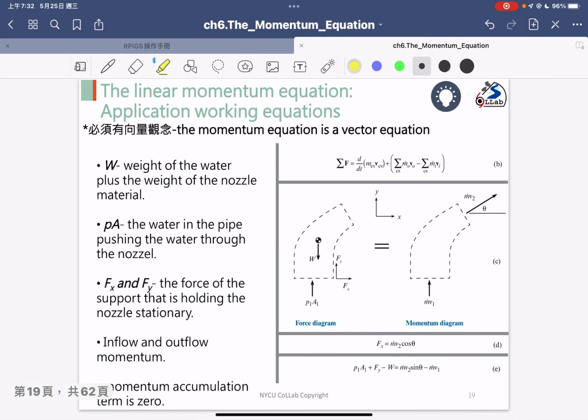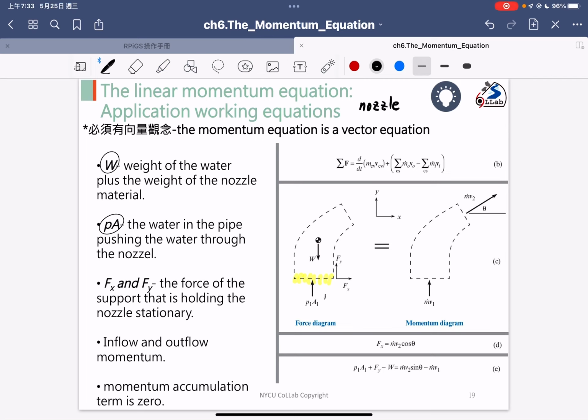Okay. So let's highlight the momentum equations. This is a bent pipe, a nozzle problem. The exercise example showing here is a nozzle problem. For the nozzle, actually we have the weight of the water, right? And second, we have inner pressures, because the cross-section area in here is inside the pipe.